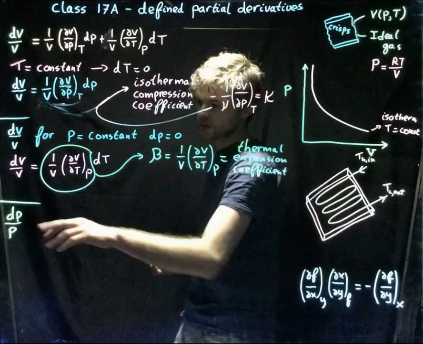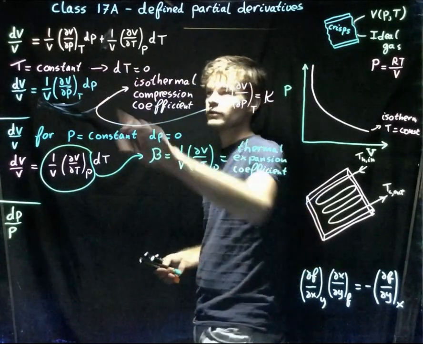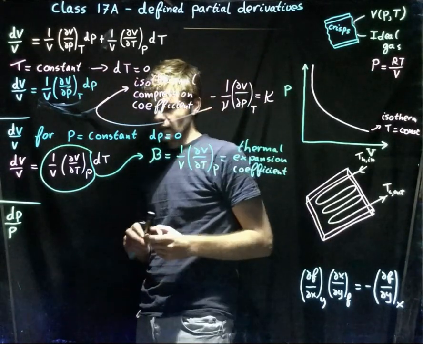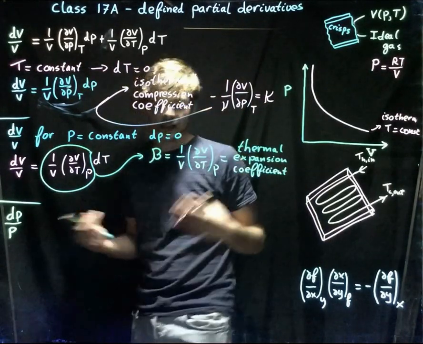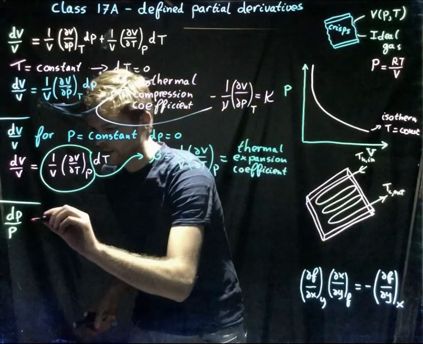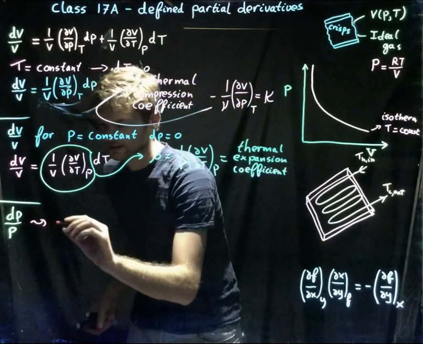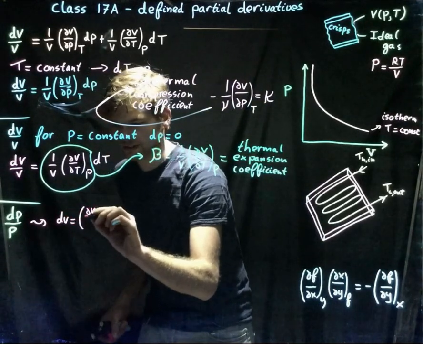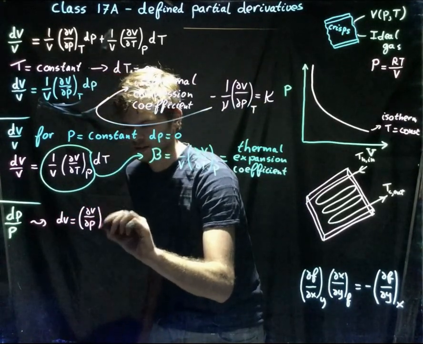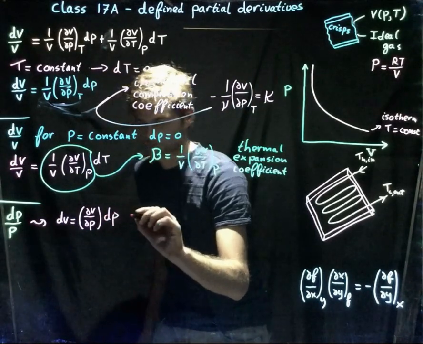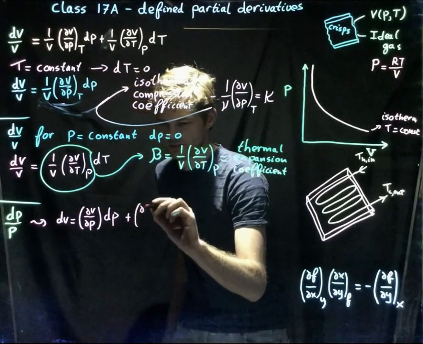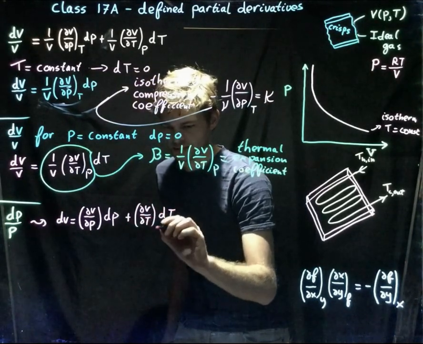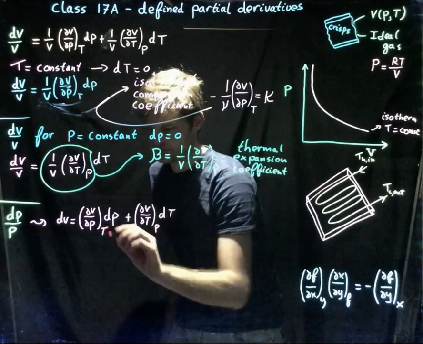And to get this derivative, I need to take this equation into account again. But now I have to derive this equation, and I'm going to do that using this equation: dV is the partial derivative of V with respect to P times dP, plus the partial derivative of V with respect to T times dT, where the first is for a constant temperature and the second for a constant pressure.